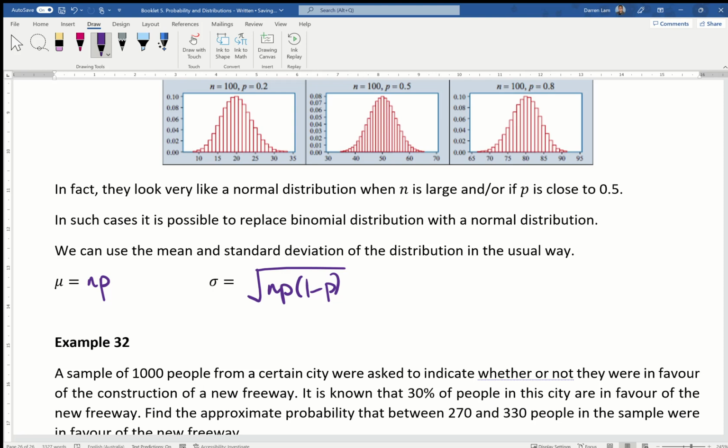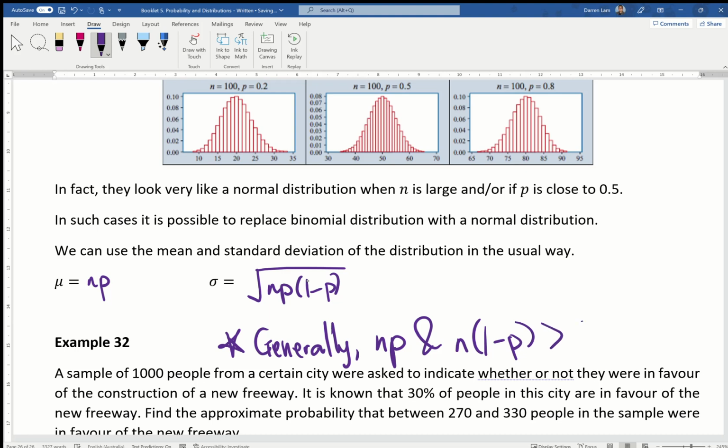Generally speaking, if we want to determine mathematically whether something can be appropriately replaced with a normal distribution, np and n(1 - p) should both be greater than 5 for a satisfactory approximation.